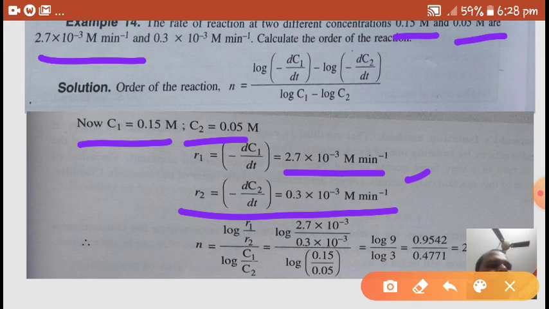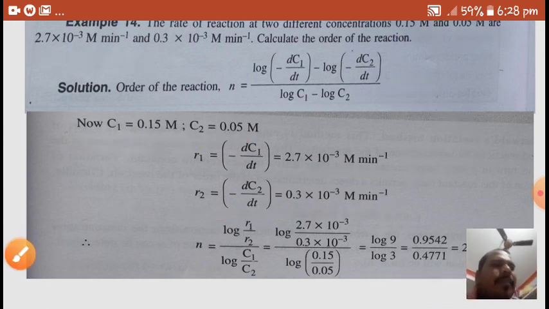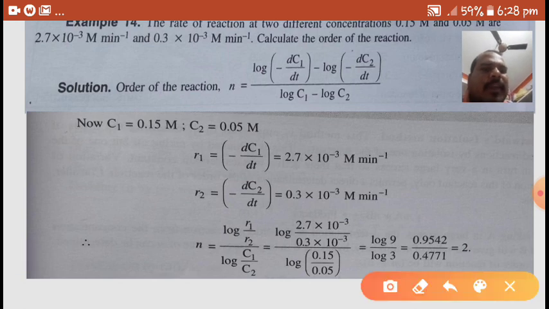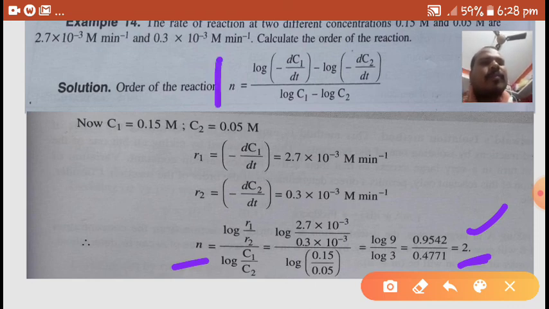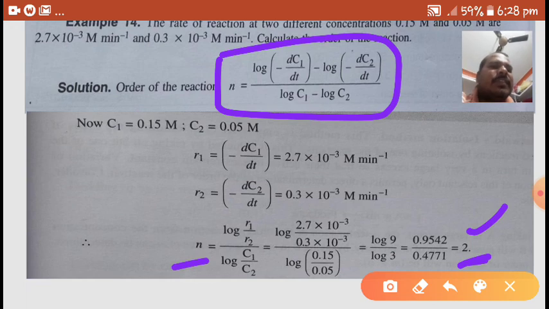Simply putting all these values in this equation, we get the order of the reaction as 2. So with the help of Van 't Hoff's differential method, we can determine the order of a reaction in this way.